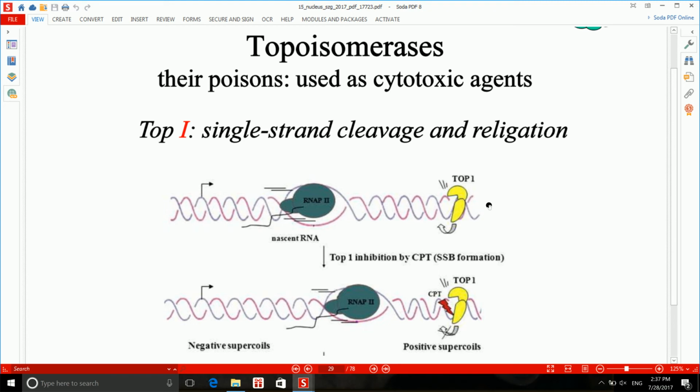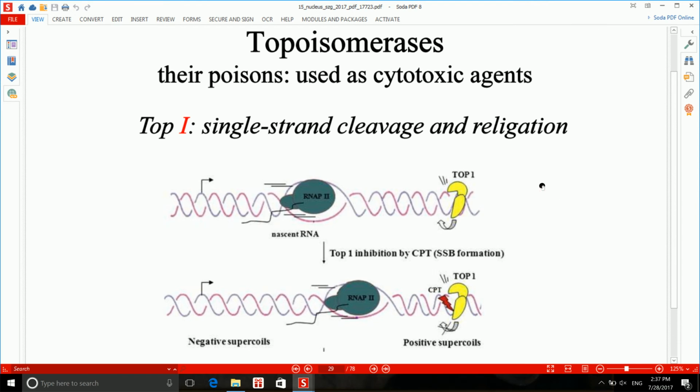What these topoisomerase enzymes do is that they break and then rejoin these DNA strands further along the DNA molecule from where the RNA polymerase is acting. So when RNA polymerase is acting, they break the DNA strand so that this overwinding doesn't occur. And when the action of RNA polymerase in a certain part is over, they rejoin or religate that specific site that they broke.